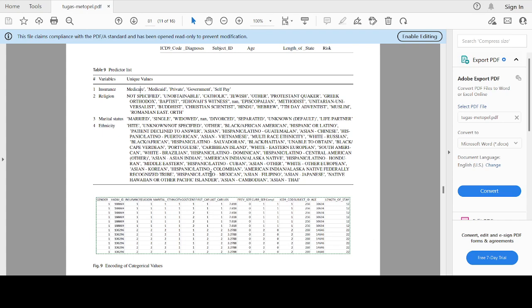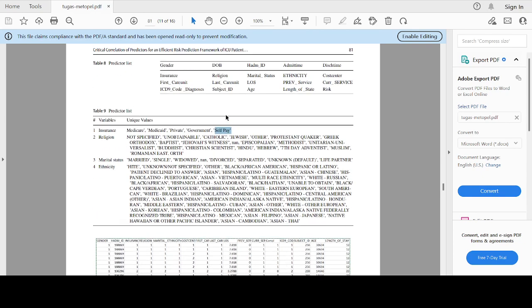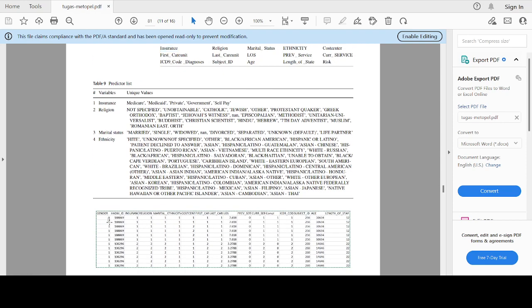They encoded into integers, so possibly, to my understanding, this will be encoded to 1 2 3 4 5. And gender will be encoded to 1 and 2. Yeah, this is 1 2 1. This is the option.